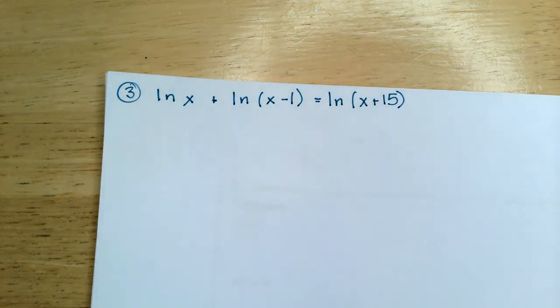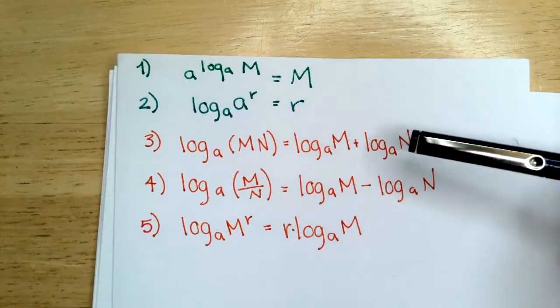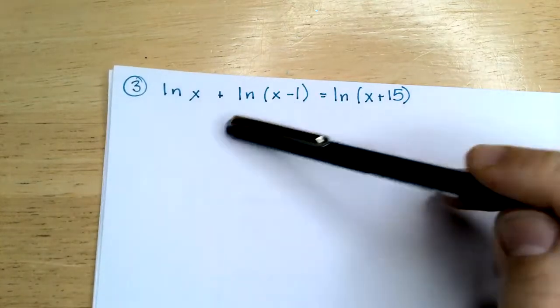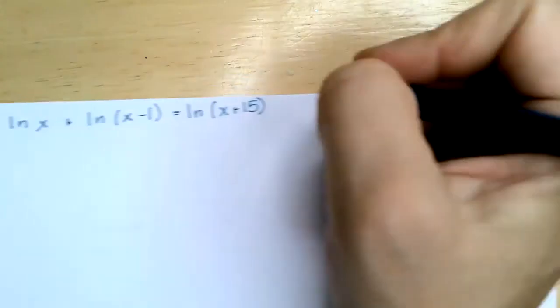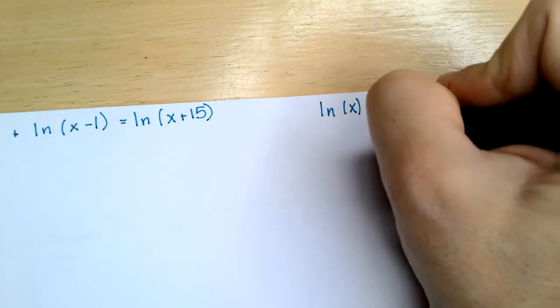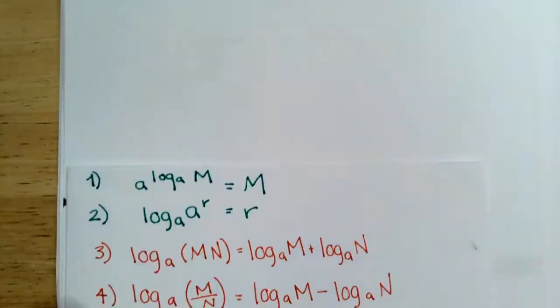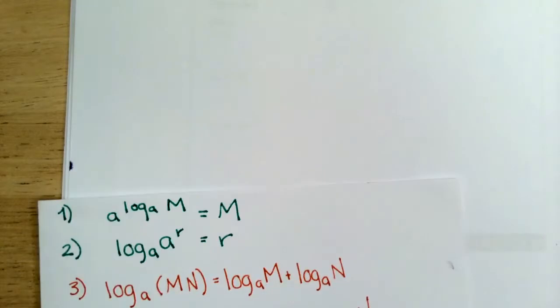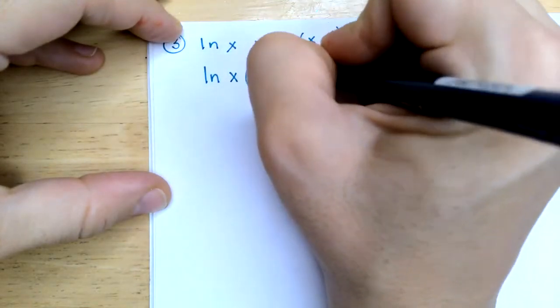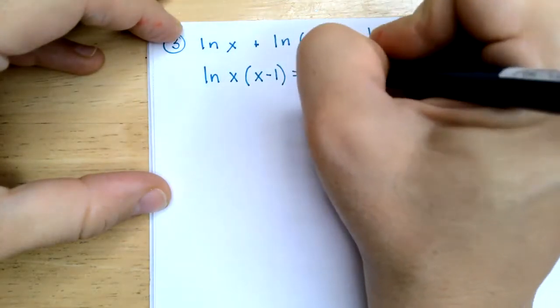I know if I look at my rules here, they are being added here, but they have to have the same base. Does this have the same base? Yes, because the natural log of X is the same as log base E of X. So they both have the log base E. So I can multiply these two together. It will now look like the natural log of X times X minus 1 equals the natural log of X plus 15.